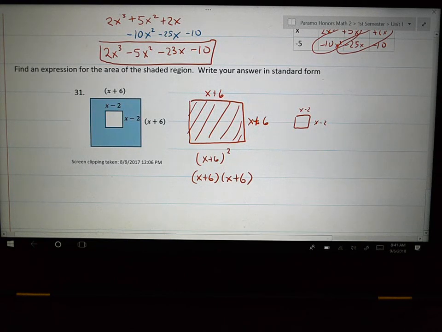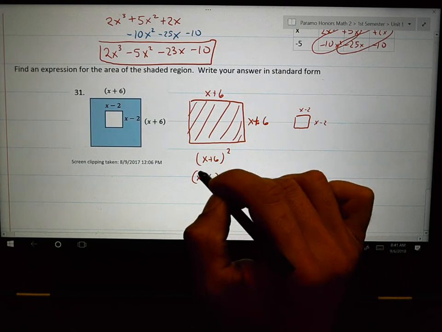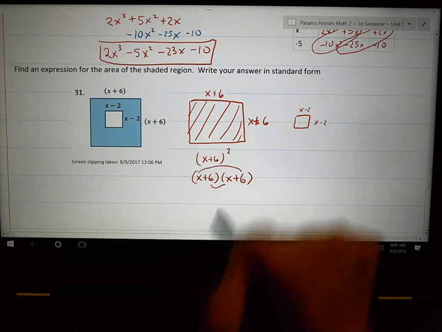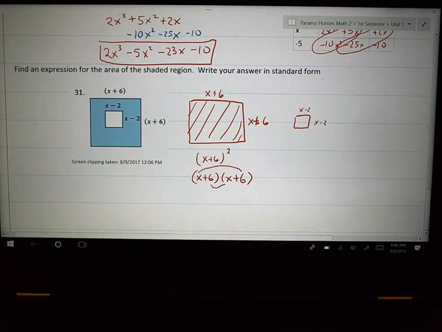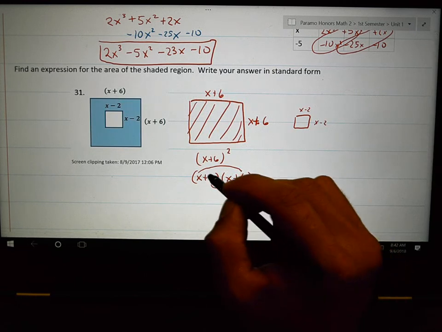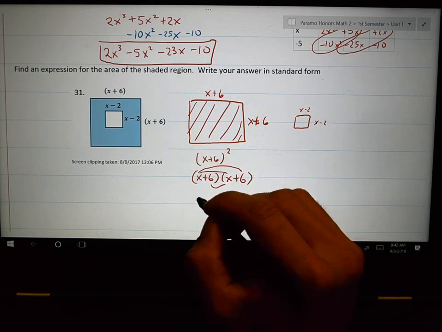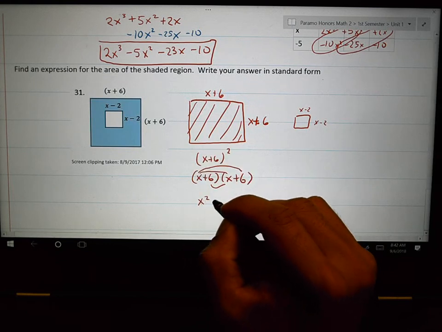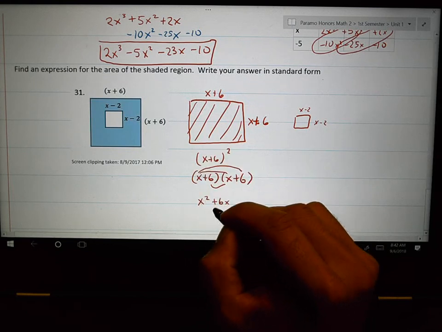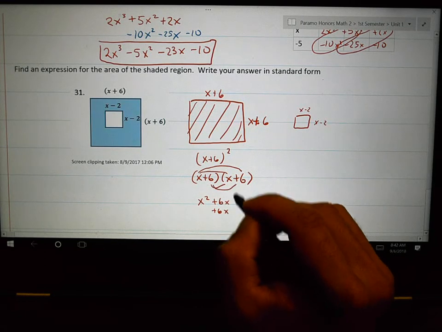In the O and the I, you're going to have the extra 6x and another 6x. Let me FOIL this. X squared plus 6x plus another 6x plus 36.